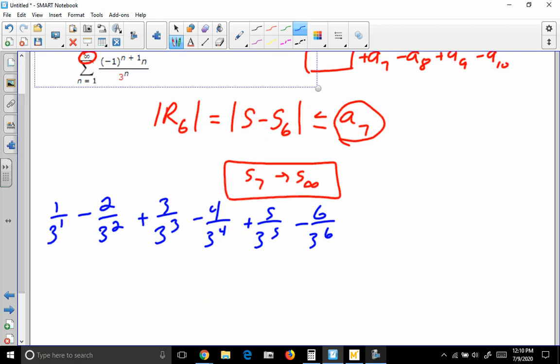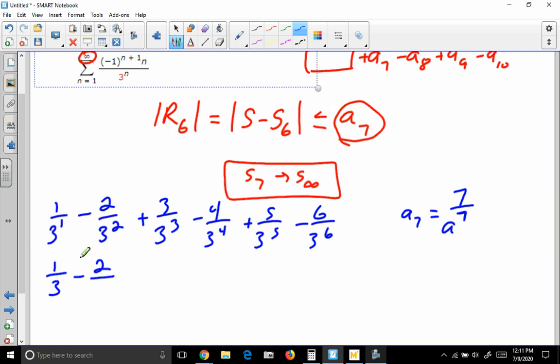The 7th term is 7 over 3 to the 7th, and that we really would need to take the absolute value of. So let's see what we get here. We could actually multiply these out if we want to, but we're going to use our calculator eventually to combine these.